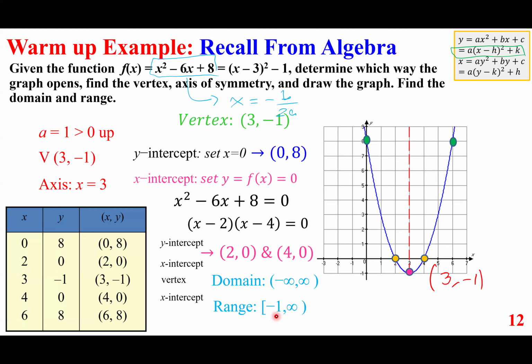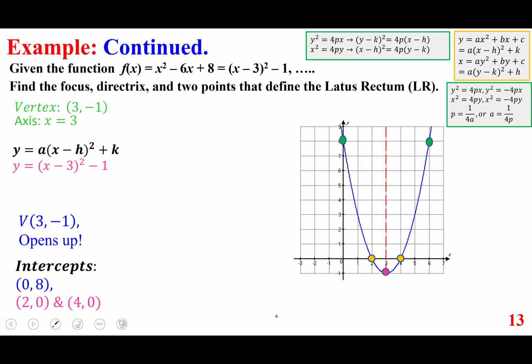But what I want to do, I want to show you the same question and add a few more things. So same question, we're going to continue. And the same graph, vertex, axis of symmetry, the formula, the vertex opens up, intercepts, every piece of information from the previous page.